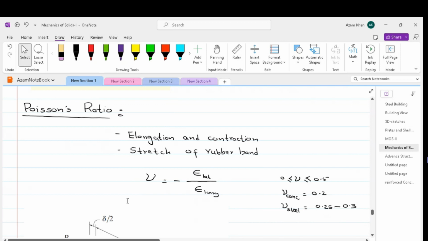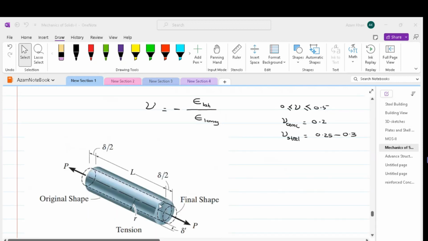After this, we will now discuss Poisson ratio. Poisson ratio is another type of elastic deformation, which is the change in the transverse dimension due to axial compression or tension. So imagine we have this specimen and it is subject to axial tension. The axial tension in the longitudinal direction will result in stretching.